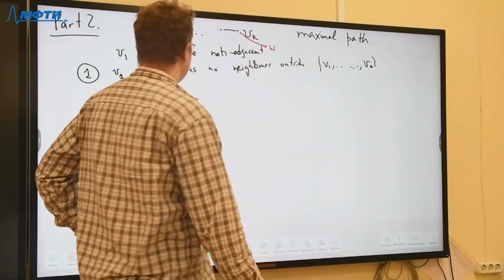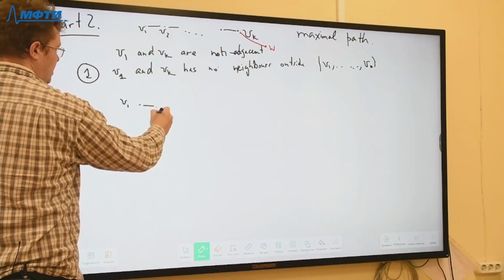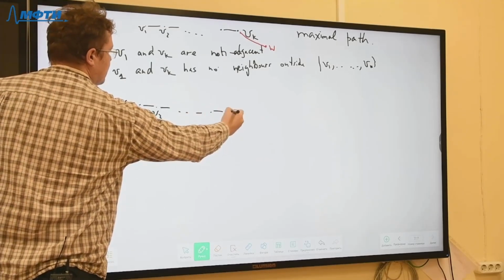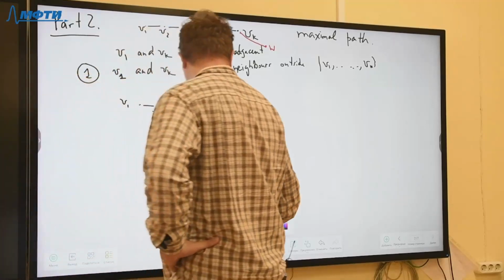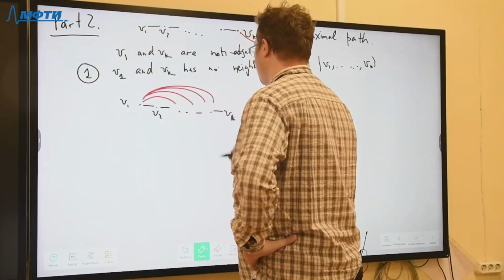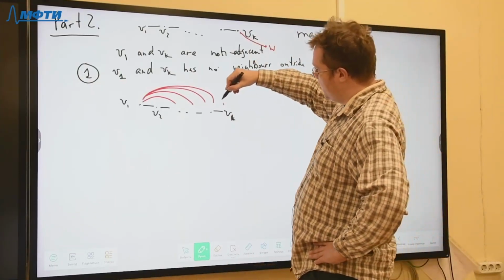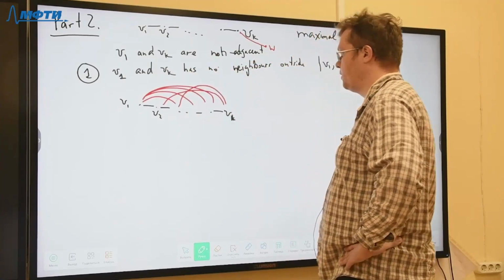So the picture is like this. V1 is connected with some of the vertices here, and Vk is also connected to some of the vertices here.